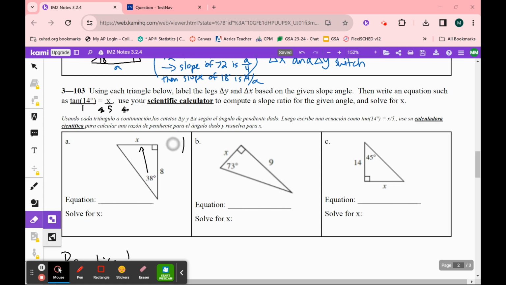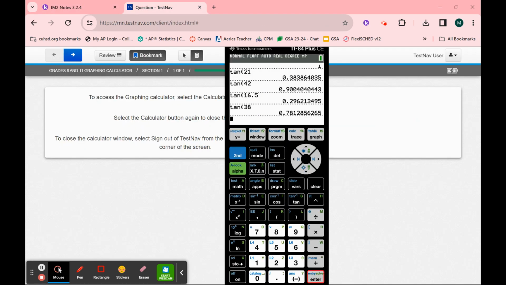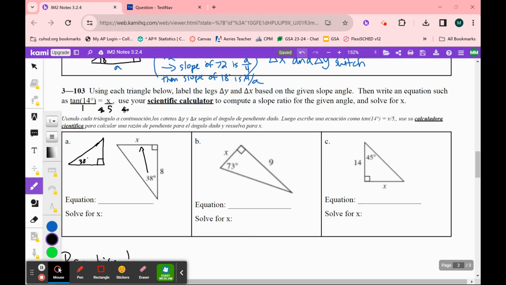Let me erase that. I'll draw it as a slope triangle just to be consistent with what we've been doing previously. So we've got a 38-degree angle, and the slope is 0.7812, rounding to 0.7813 over 1.